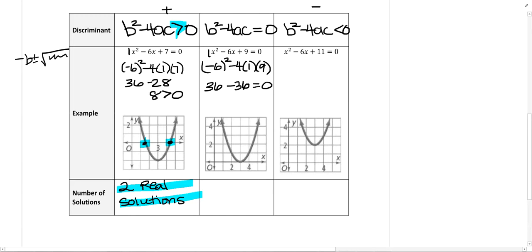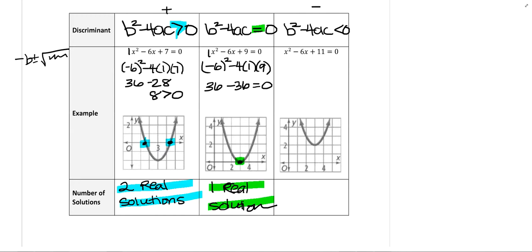And you can see from the graph that there is 1 x-intercept right here, which is exactly where the vertex is as well. And so when we have it equal to 0, you only get 1 x-intercept, which means there is 1 real solution. What's happening here is that the solution is repeated.